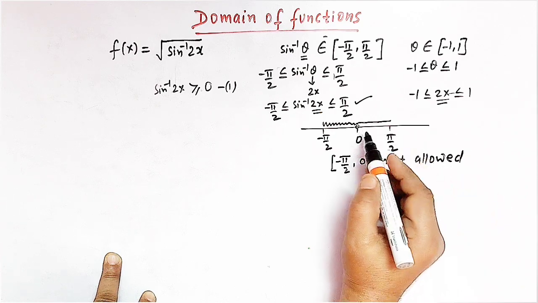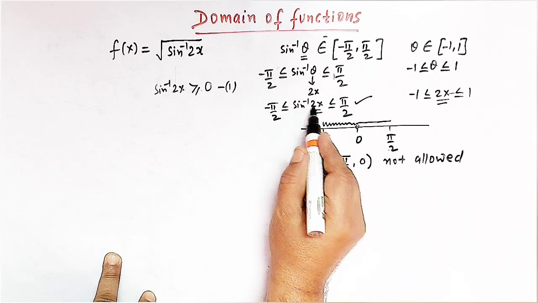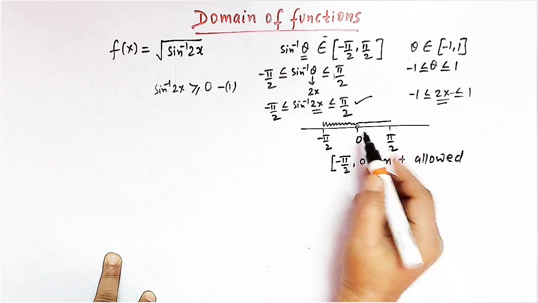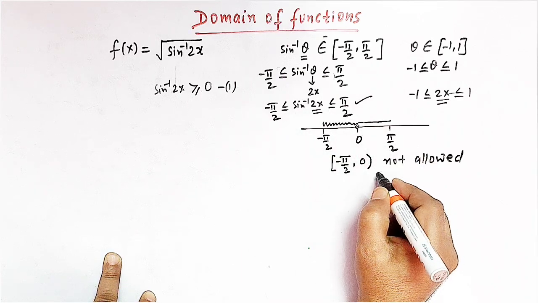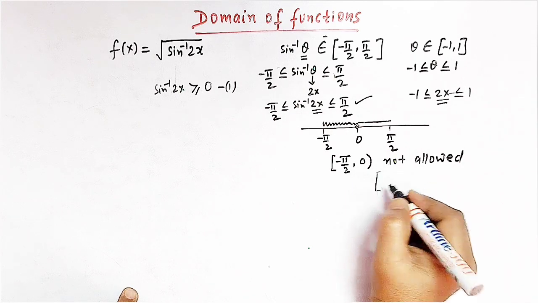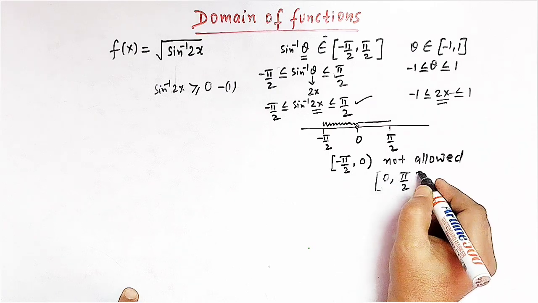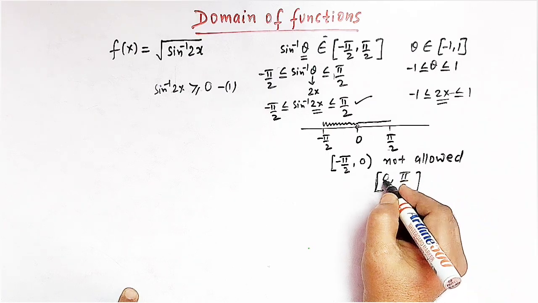And we are allowed to take only this interval, that is values of sine inverse 2x which lie from 0 to pi by 2. So here we have the allowed interval, that is 0 to pi by 2.